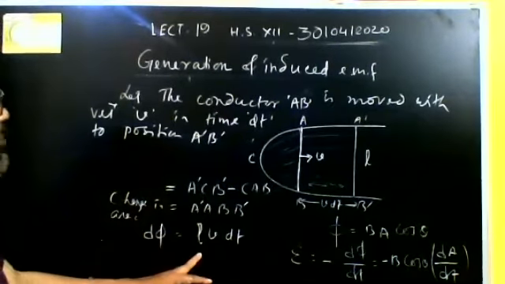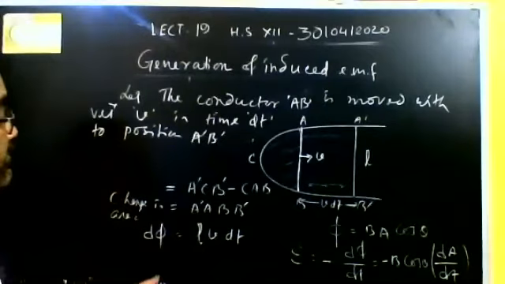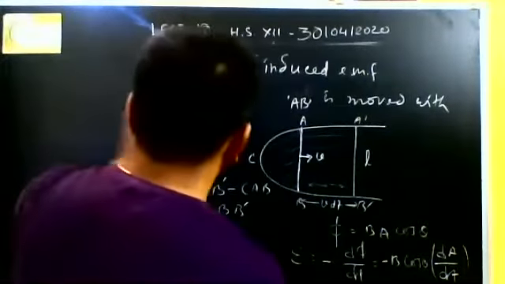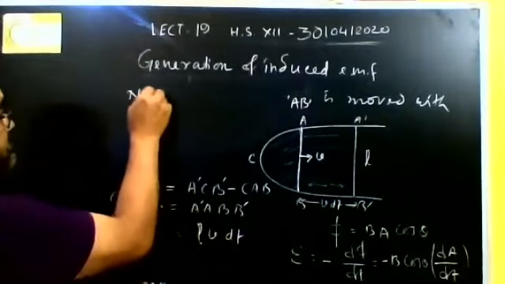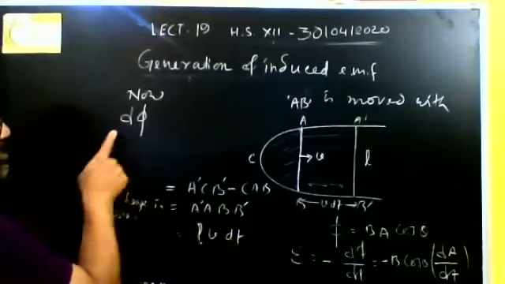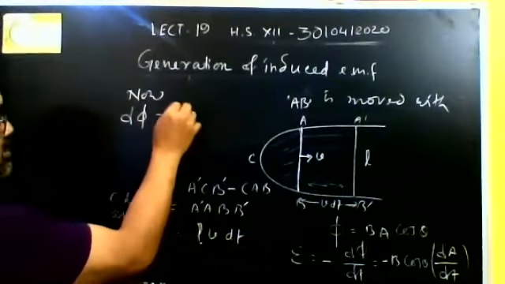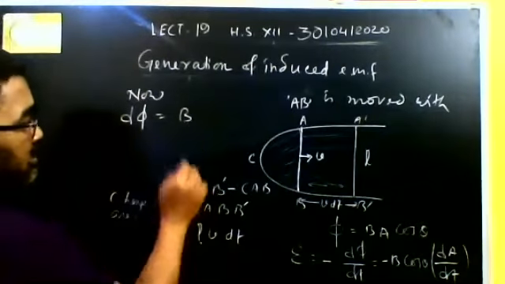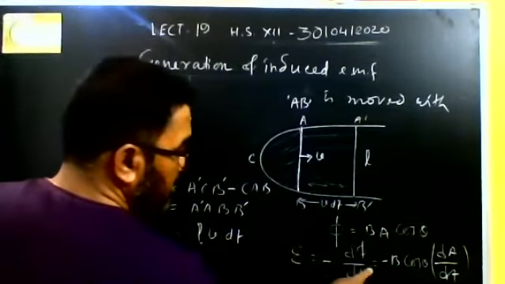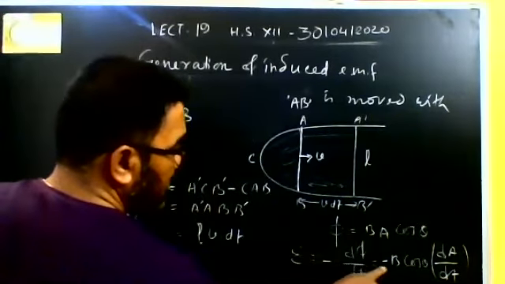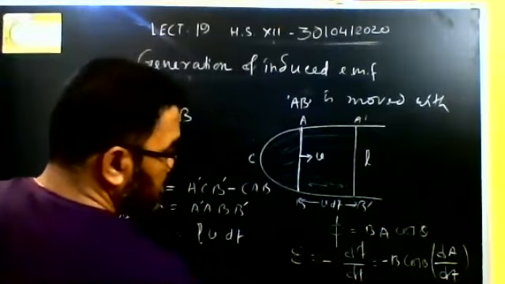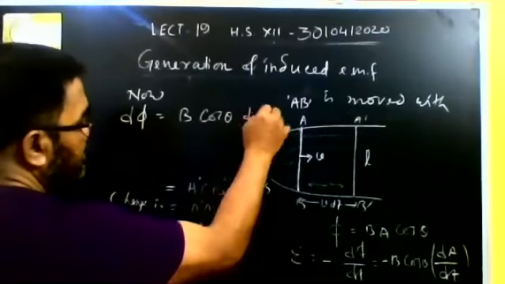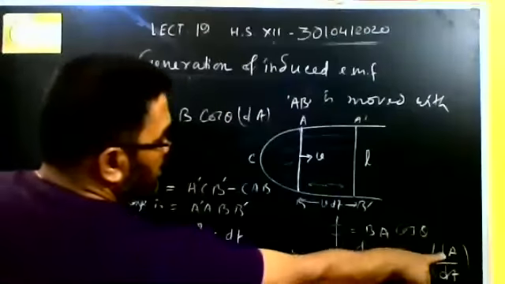Now d phi, the change in magnetic flux, is B cos theta dA, where dA is the change in area.